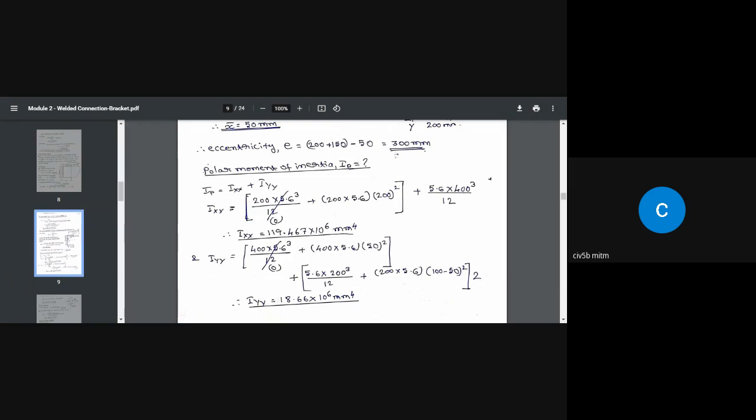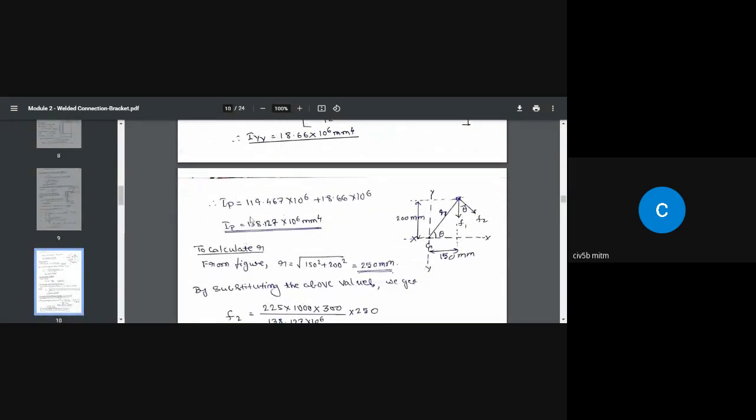Plus there is one more weld here, that is moment of inertia of this weld about its own centroidal axis, 400 multiplied by 5.6 cube by 12, plus area of this weld multiplied by the square of the perpendicular distance between this axis and this axis, which is 50 millimeter.